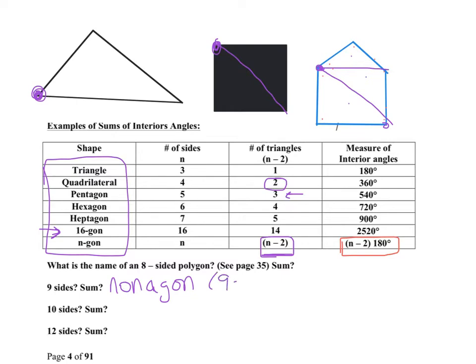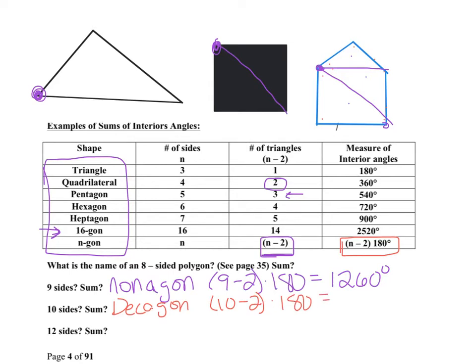That's 9 minus 2 times 180, and we would get the sum to be 1,260 degrees. For a 10-sided figure, that's a decagon, and so 10 minus 2 times 180 will give me 1,440 degrees.